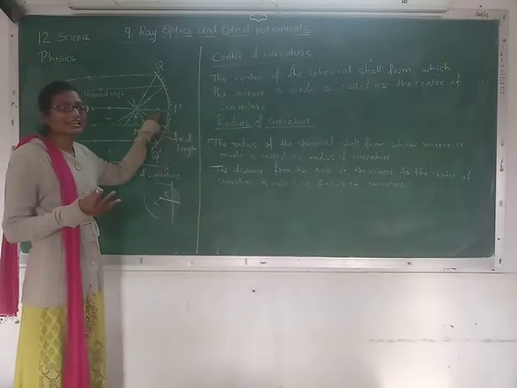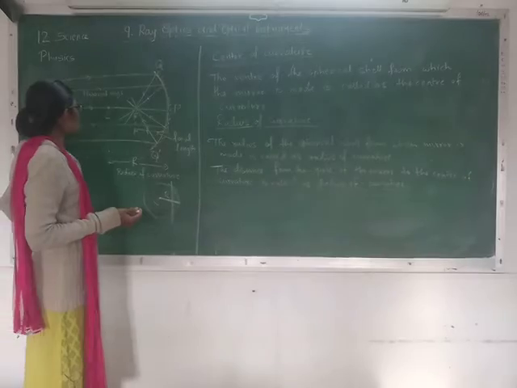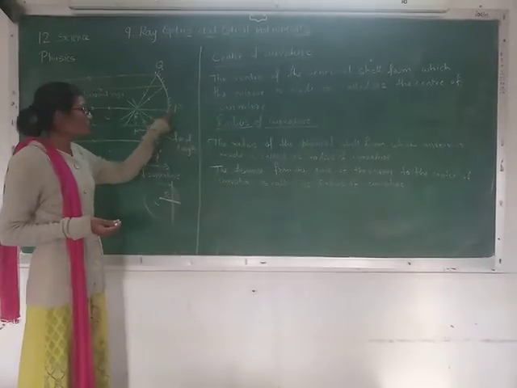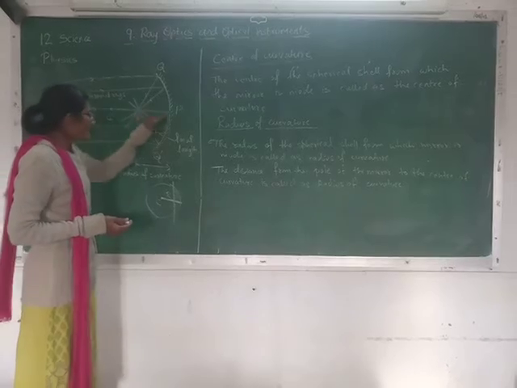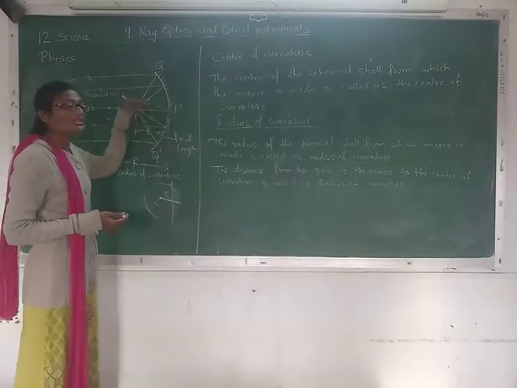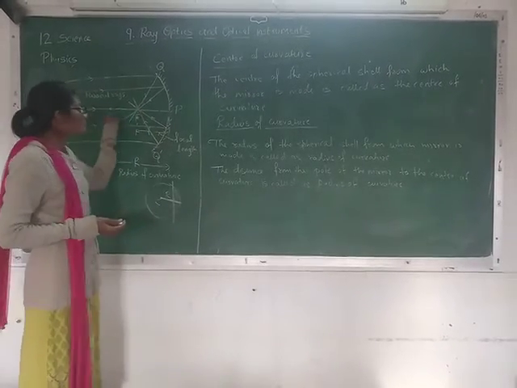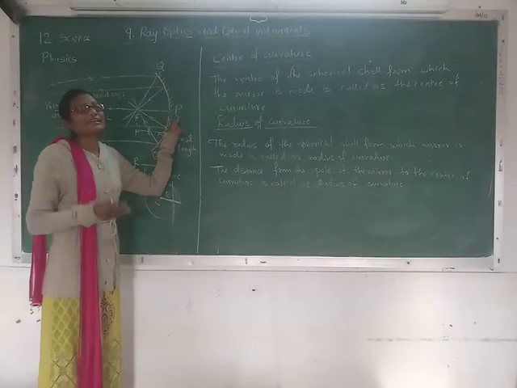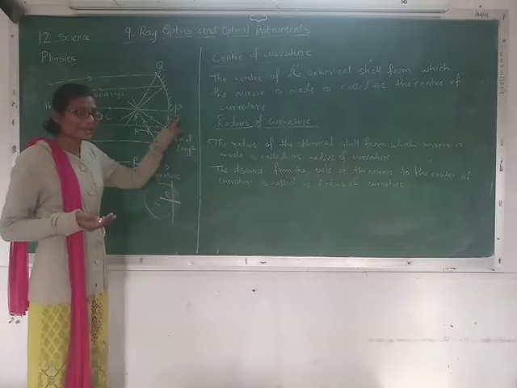Now we have the center line. Why is it the center line or the main line? Because it is passing through the center of curvature and the pole. So we can say the axis or the line or the ray that is passing through the center of curvature and the pole of the mirror is called the principal axis.